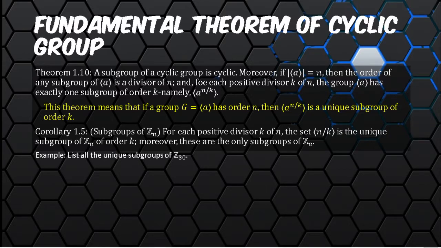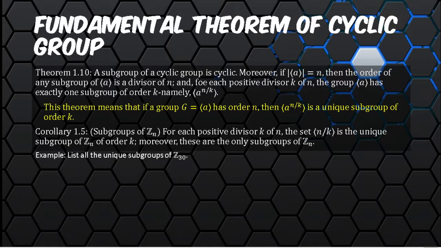Well, this is under addition modulo n, specifically addition modulo 30. So our n here is 30. So let's use corollary 1.5 to answer this one. From 30, we're going to list all the possible values of k. K is any number that divides n.